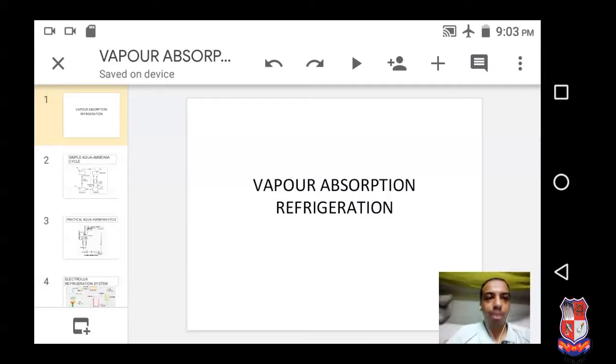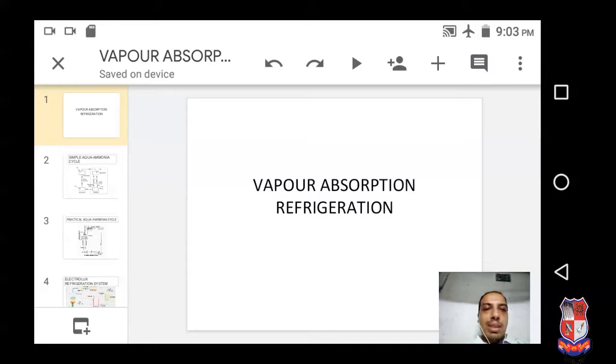Hello friends, today we are discussing vapor absorption refrigeration systems. We already know that there are so many types of refrigeration systems available in the world. As per the GTU syllabus, there are 3 types: first is air refrigeration system, second is vapor compression refrigeration system, and third is vapor absorption refrigeration system.